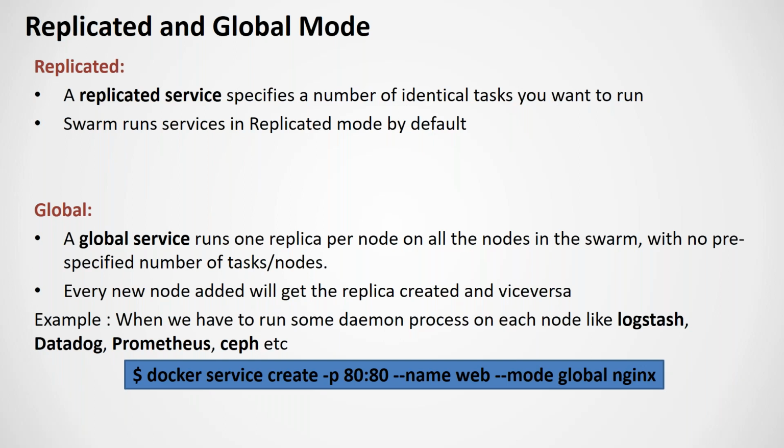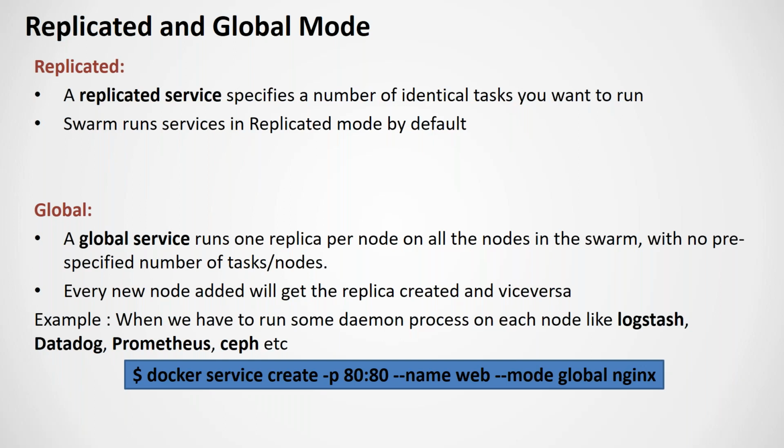Now what we are trying to learn here is that there is another mode called global mode. The difference is that when you want to run a service in global mode, you are not going to tell how many containers you want. Instead, the meaning of global is: so far we saw that if I don't tell any replica, it will create one.